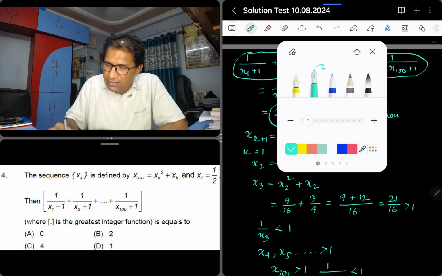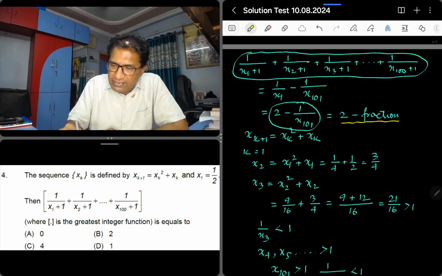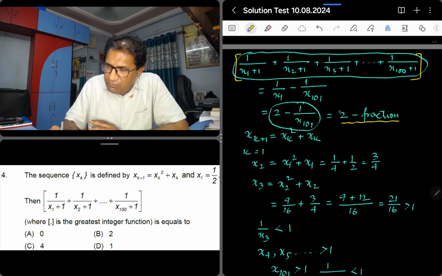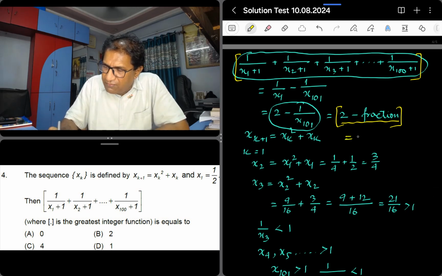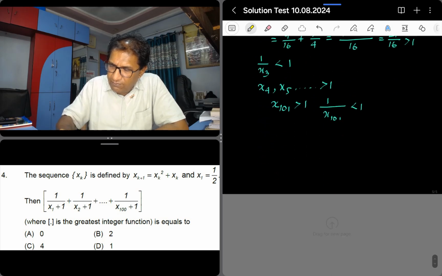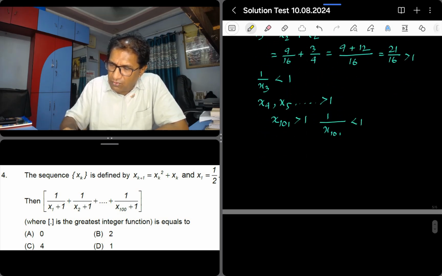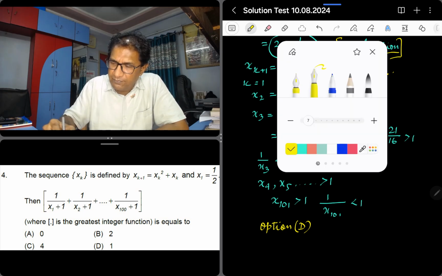And if it is a fractional value, then this value will be a little less than 2. Therefore, if we take the greatest integer function of this expression, 2 minus some fraction will be 1 point something. Therefore, its value will be 1. And that will be our answer for this problem. Hence, option D is correct. So, for this problem, your option D is correct. Is it clear?